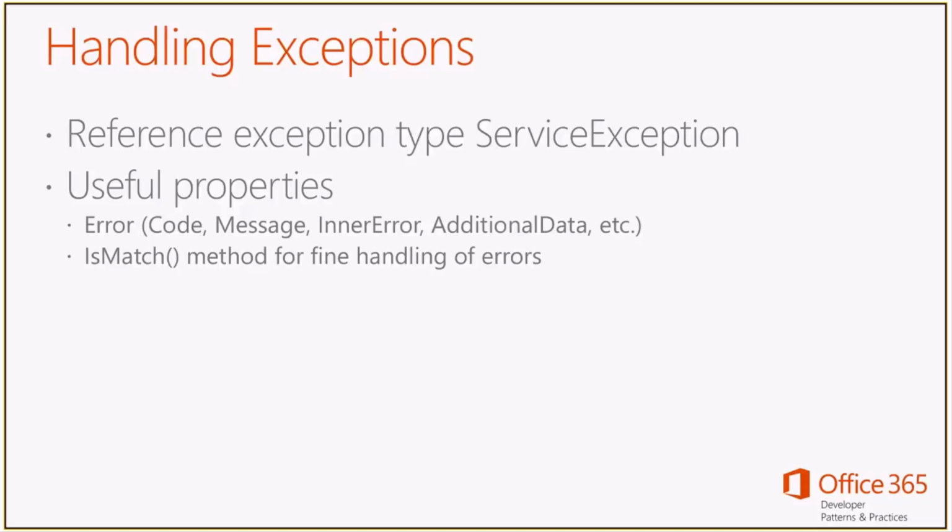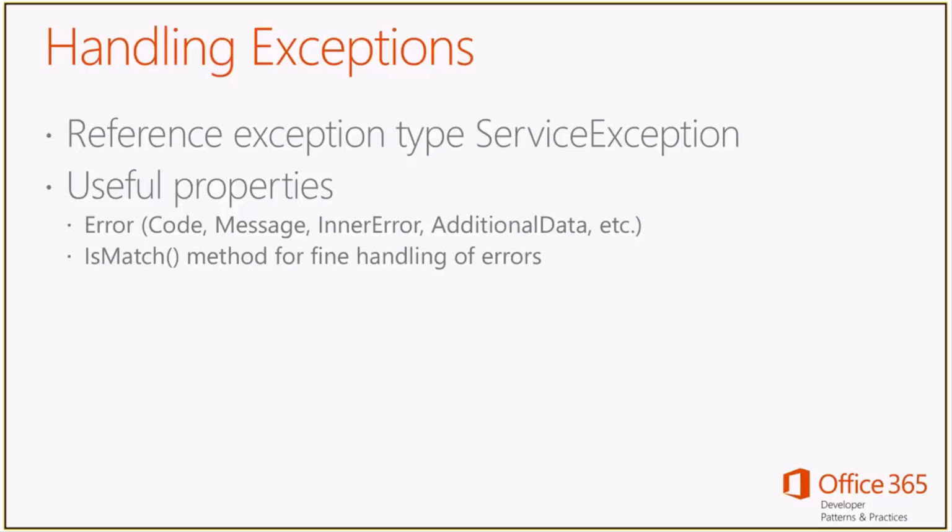In fact, through an instance of the service exception object, we have access to the error with the error code, the error message, and any inner error if we are facing a chain of errors that happened on the server side, so that we can inspect all of the information to better understand what happened on the server side in case of an exception.